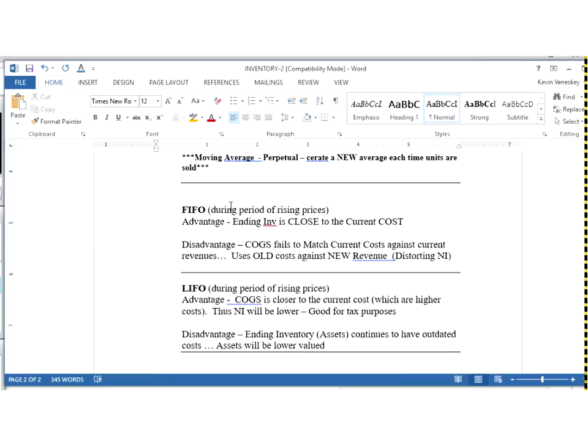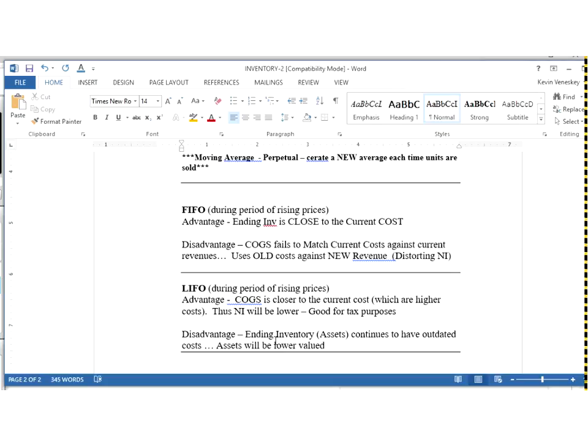Finally, the last thing I wanted to show you here, as we just briefly touch on this before we look at an exercise, is the good and the bad of FIFO versus LIFO, an advantage or a disadvantage. And this is what I had just previously said. The advantage of FIFO is your ending inventory, which is an asset, is going to be a lot closer to the real cost than if you're using LIFO.